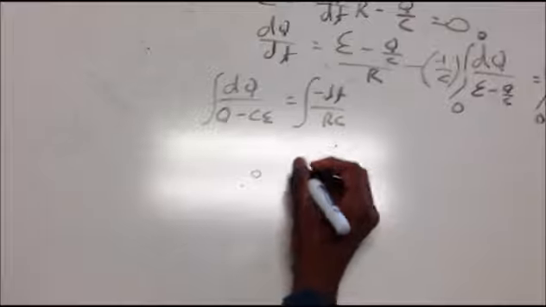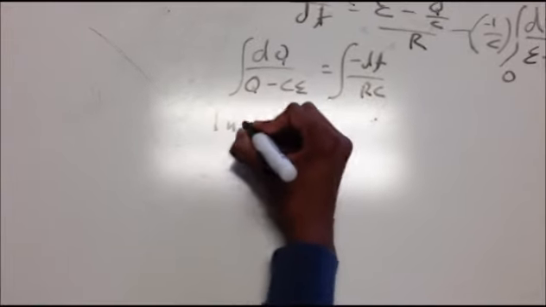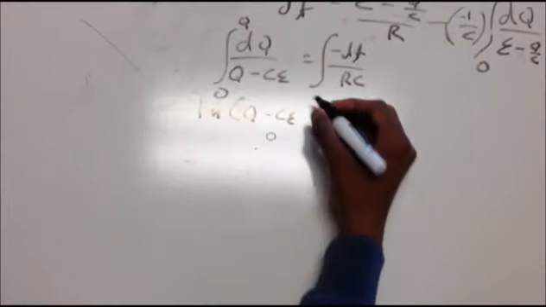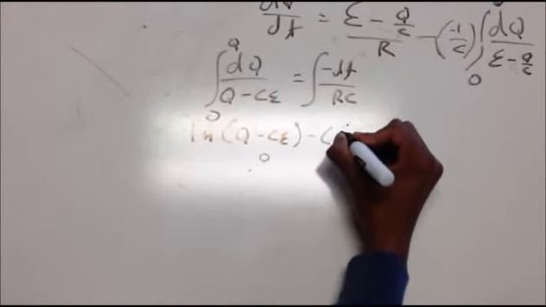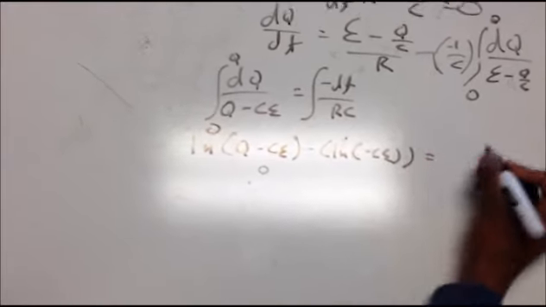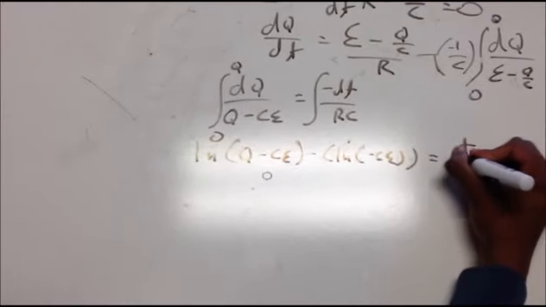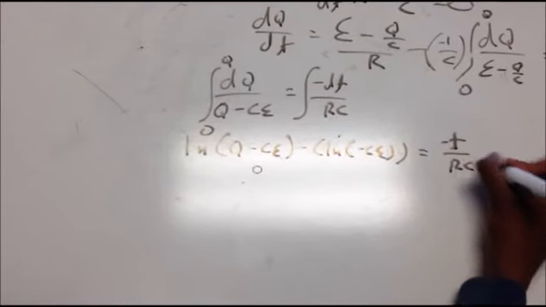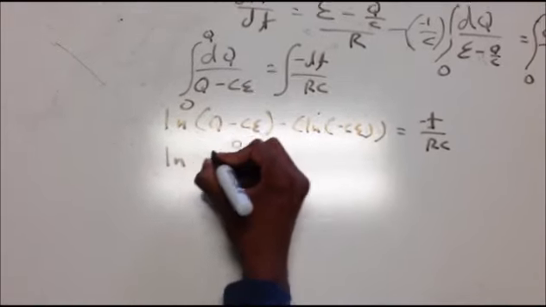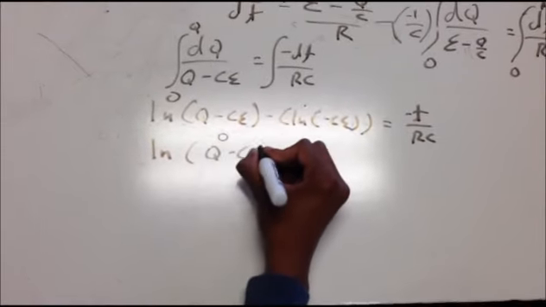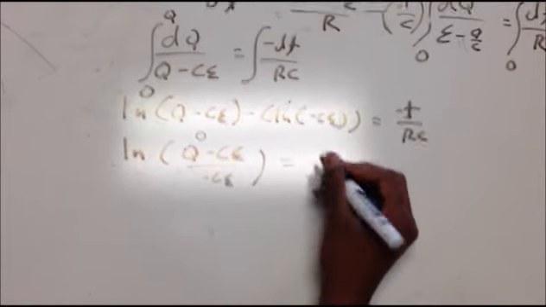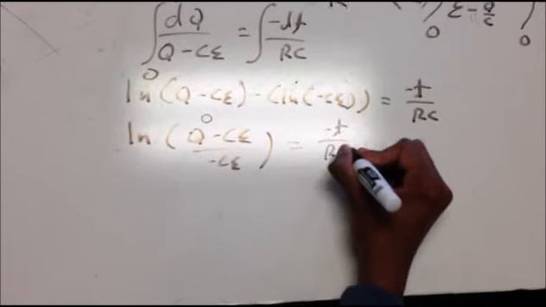So now when we evaluate this integral, we're going to end up with natural log of (Q minus CE), from 0 to Q, minus natural log of negative CE equals negative t over RC. So using our properties of logarithms, we can say that this expression is going to equal (Q minus CE) over negative CE, and that's going to equal negative t over RC.